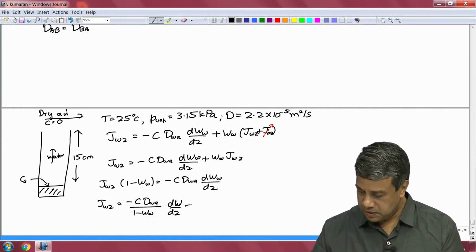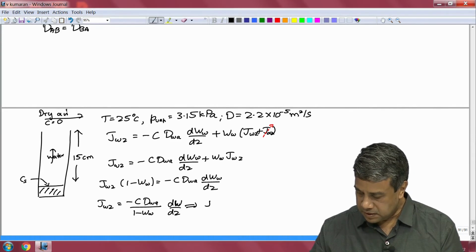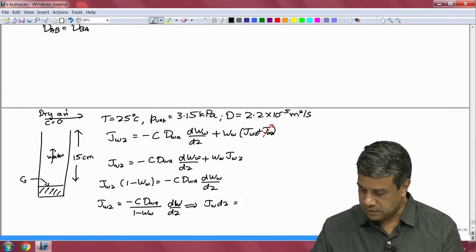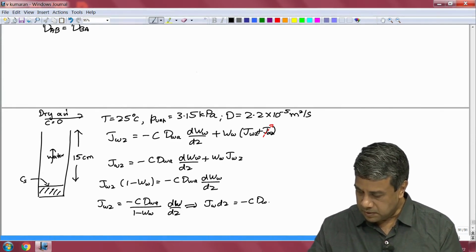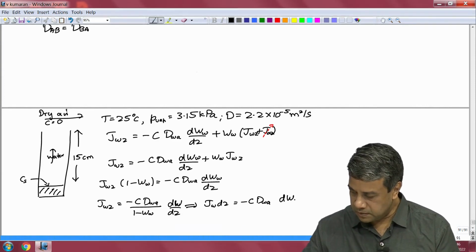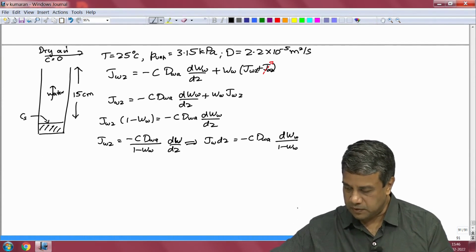Okay. So, this can be written as JW dz is equal to minus C dWA into dW water by 1 minus the mole fraction of water.